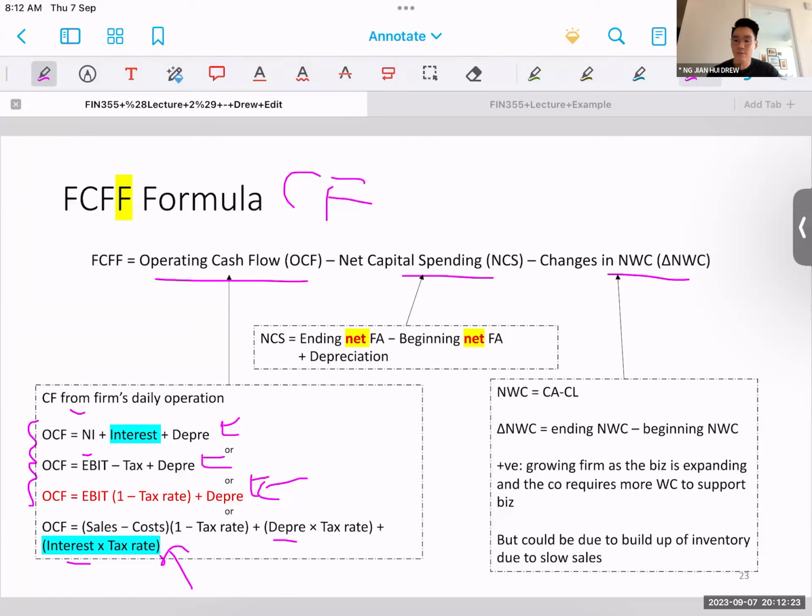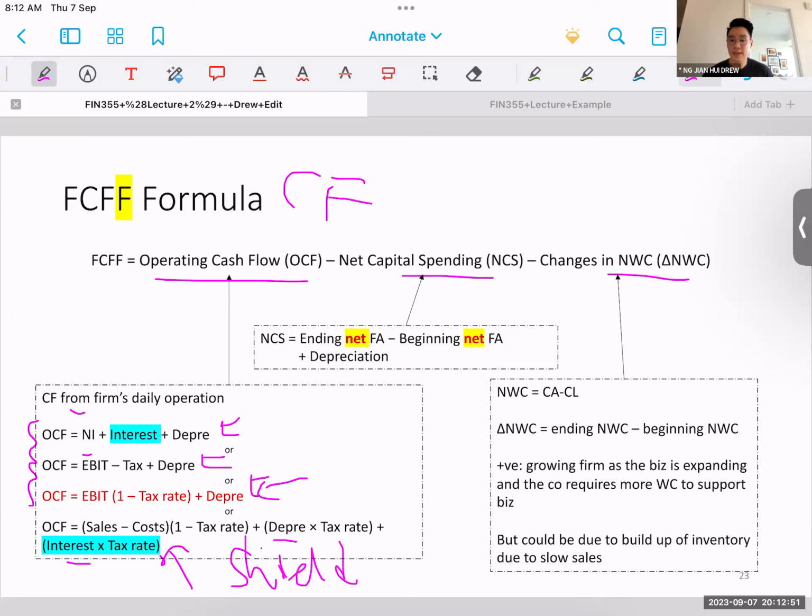Because of that, if you have more depreciation or more interest in your expenses, you reduce the taxable income, and therefore you are taxed less. That's why it's called the tax shield, right? Shield as S-H-I-E-L-D. Tax shield. Okay, so 4 formulas.